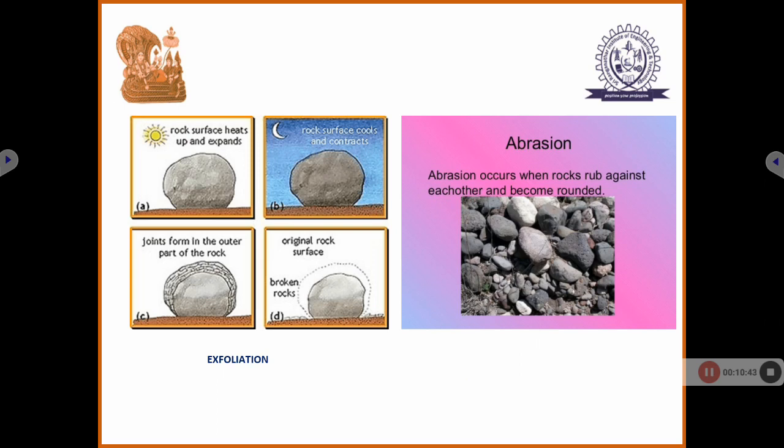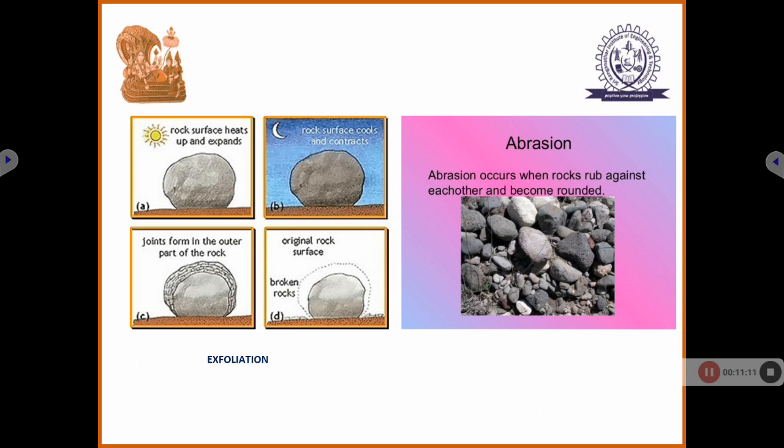The rock surface is heated up and expands, and then it cools at night. As a result of this alternate heat and cold, the top surface of the rock starts to form joints and cracks, and then the original rock surface is broken, and this fragment results in soil formation.